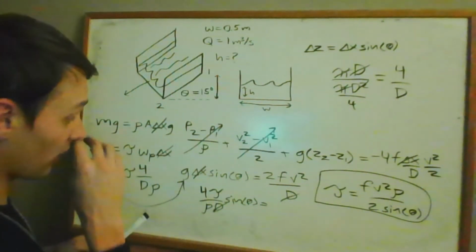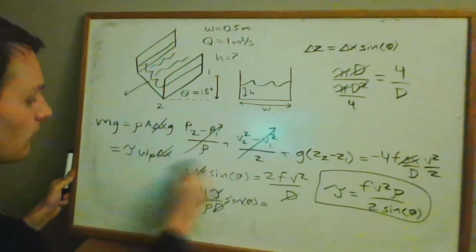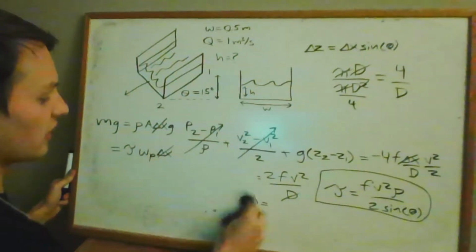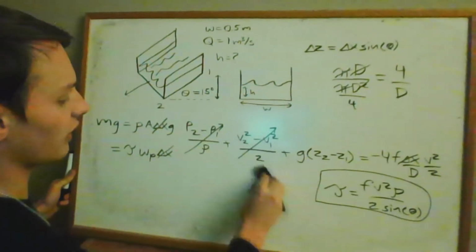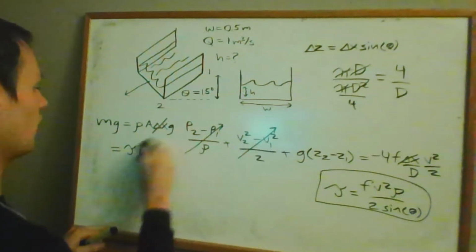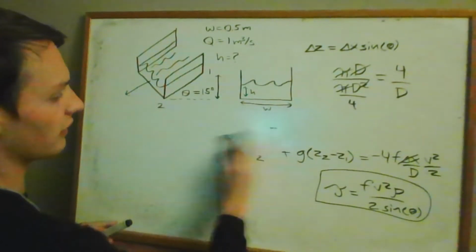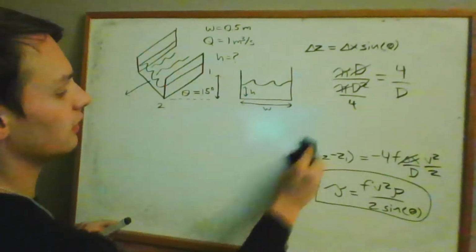Why is that important? Well, we're going to use it again, right? So I'm going to erase some things to give us some room. But the key difference here, which makes a lot of sense, is that when looking at our rectangular channel, our wetted perimeter is different. So that's what we need to think about here.